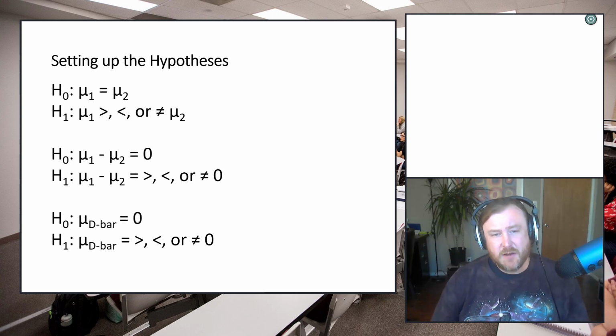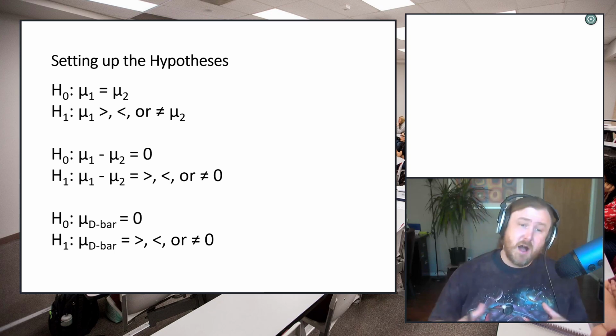And so that's what we have here in this second example. The alternative would be that before minus after is either greater than, less than, or not equal to 0, right? So meaning that there is some kind of change.